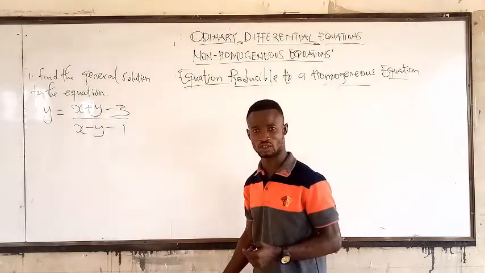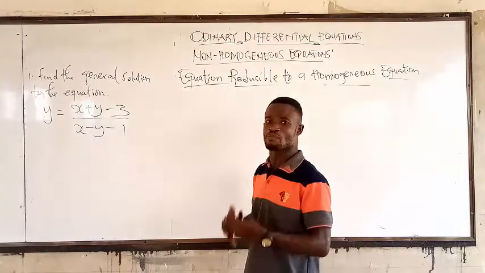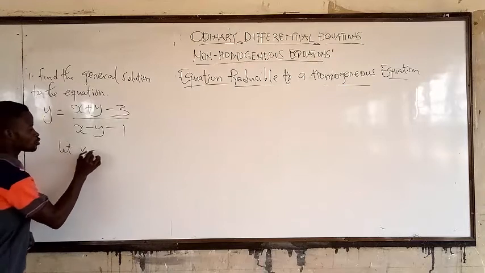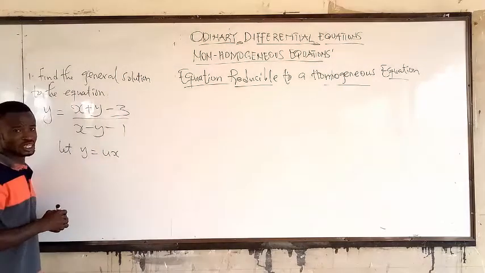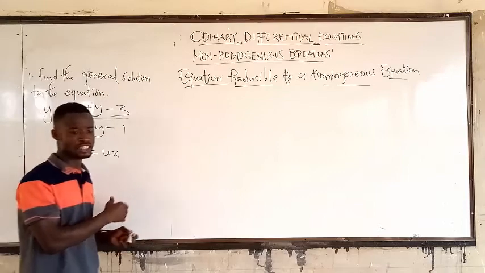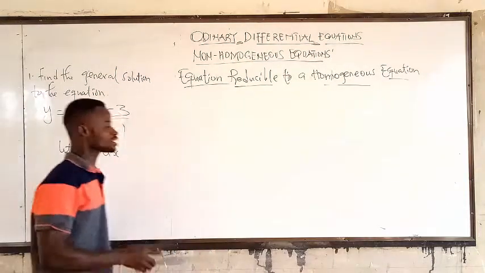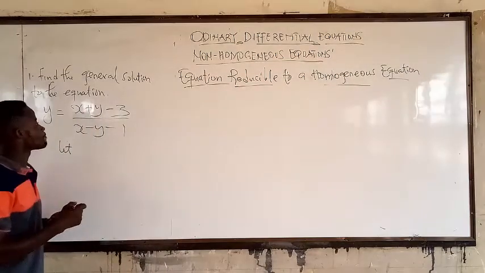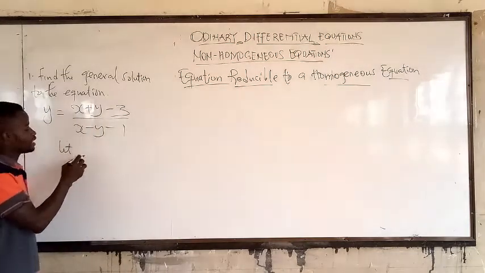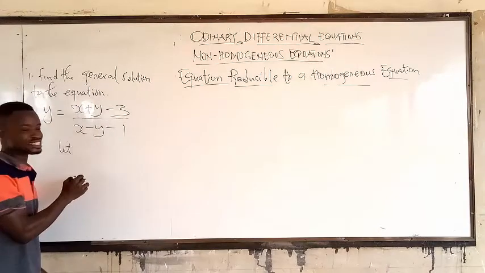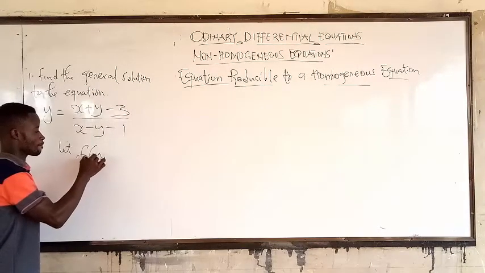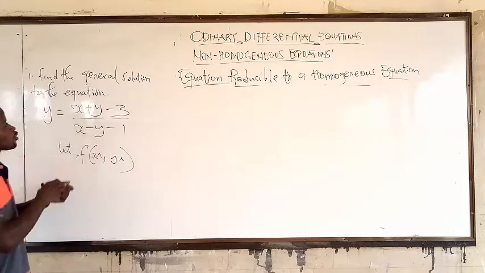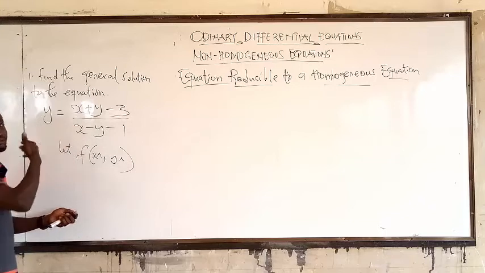And also, for homogeneous, you can see clearly that this is not homogeneous. Because when we attach lambda to x and lambda to y, can we factor something out?